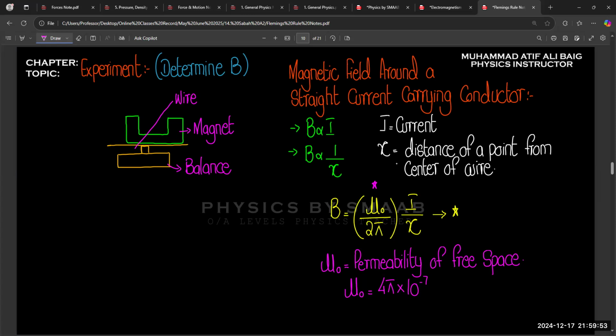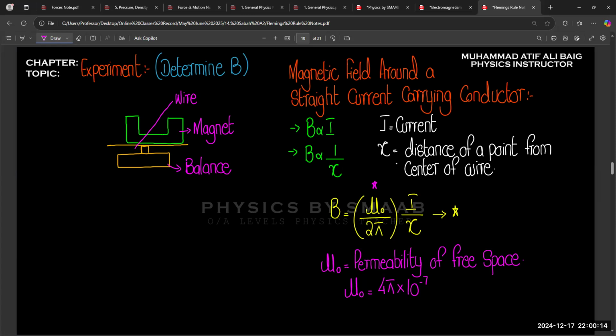And 2 pi is like a simple number. Wouldn't the 4 pi times 10 to the power negative 7 and the 2 pi cancel out, so you'd be left with 2 pi times 10 to the power negative 7?